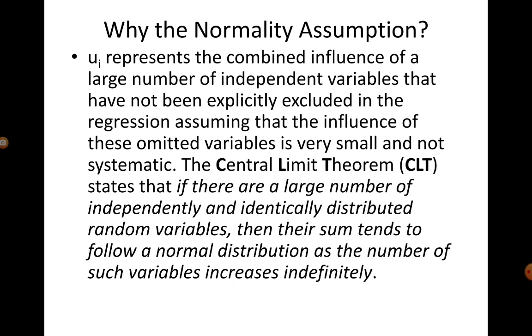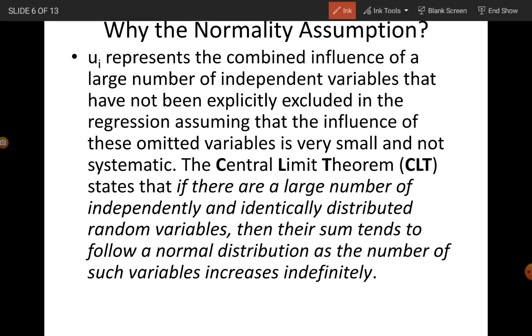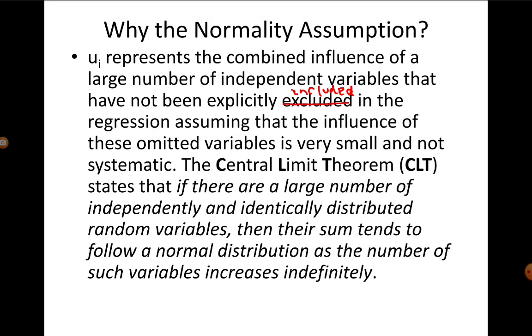I'm sorry, there's a small editing here, that have not been explicitly included, right? Okay, that's an editing, please note. So ui represents the combined influence of several independent variables which have not been explicitly included in my regression function.